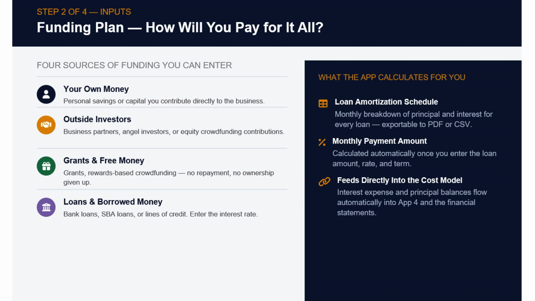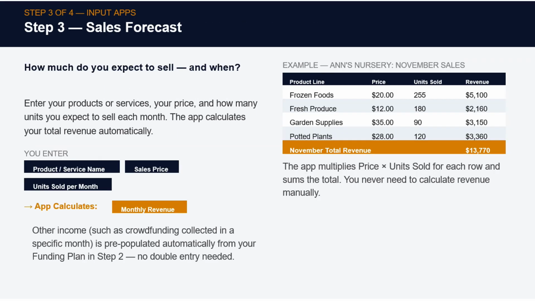Probably the hardest and most subjective part of the entire exercise is trying to come up with how much you think you can sell. How many widgets can I sell? How many hours can I bill out if I'm a service firm? Or how many landscaping projects can I do in year one?